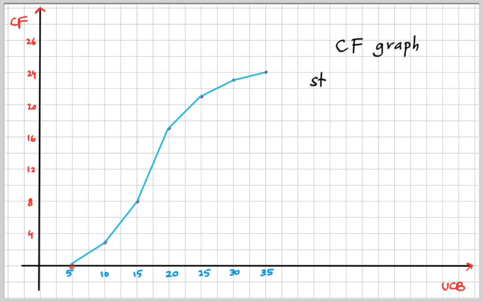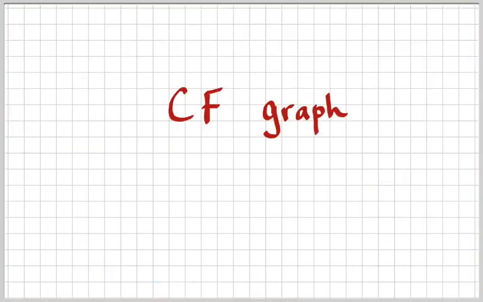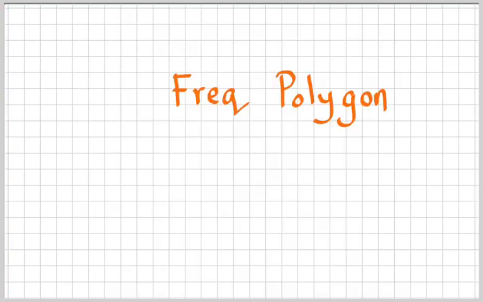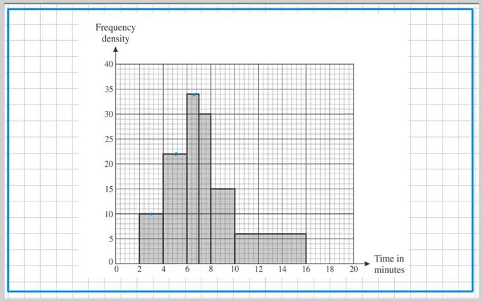Since straight line segments are used to join the points, we say this is a cumulative frequency polygon. Now, do not confuse this cumulative frequency polygon with the frequency polygon. Frequency polygon is something like this. When we look at this graph, a histogram is drawn.